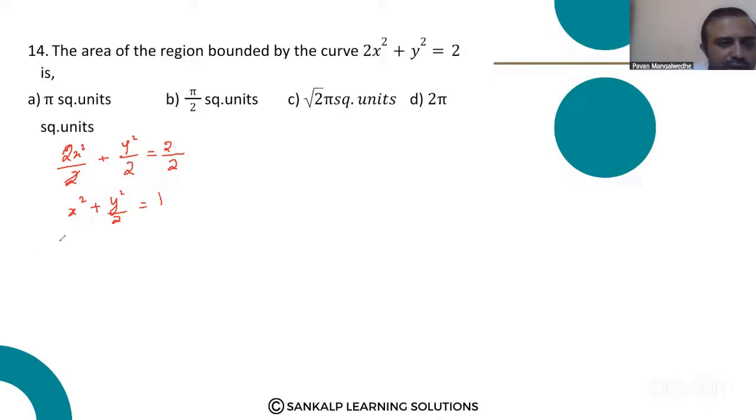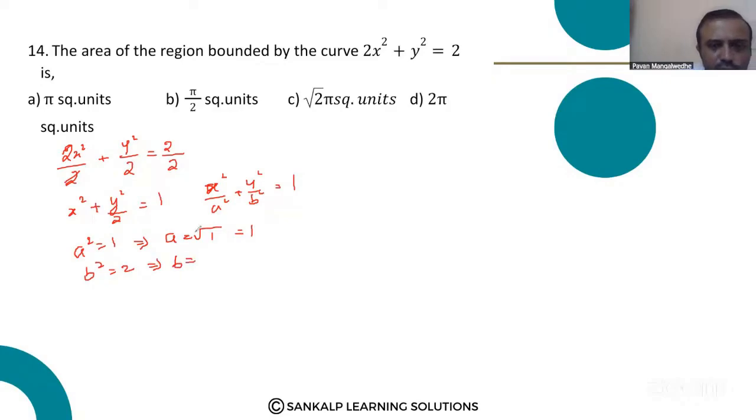Comparing this with the standard equation of the form x square by a square plus y square by b square is equals to 1, here a square is equals to 1, which implies a is equals to root of 1, which is 1. Similarly, b square is 2, which implies b is equals to root 2.